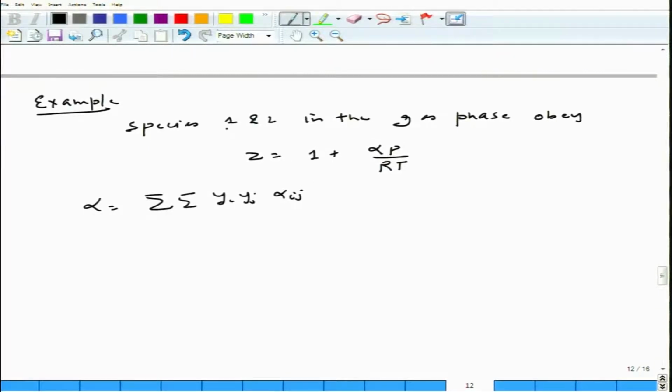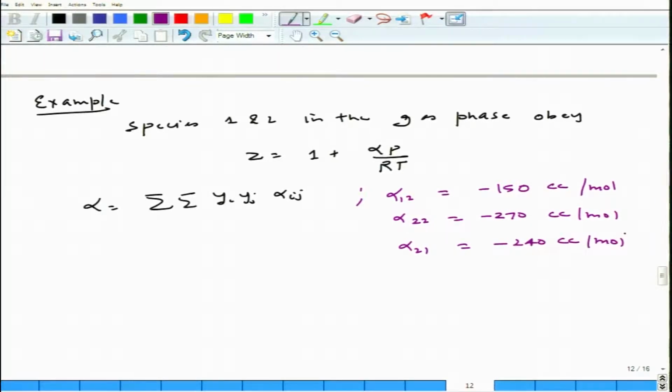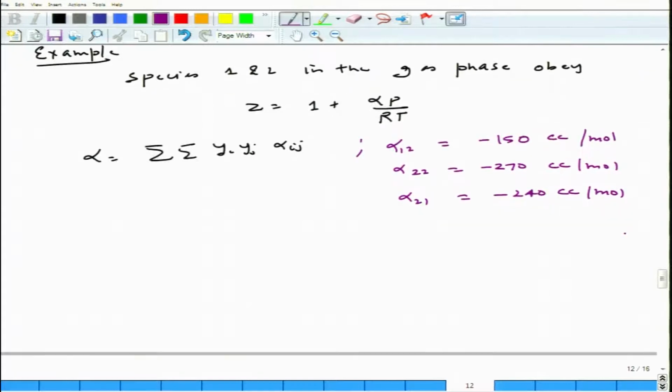Since it is a binary mixture, we know how to sum it up easily, and we need three variables: alpha 12, which is minus 150 cubic centimeter per mole, alpha 22, which is minus 270 cubic centimeter per mole, and alpha 21, which is minus 240 cubic centimeter per mole. So, what is the question?